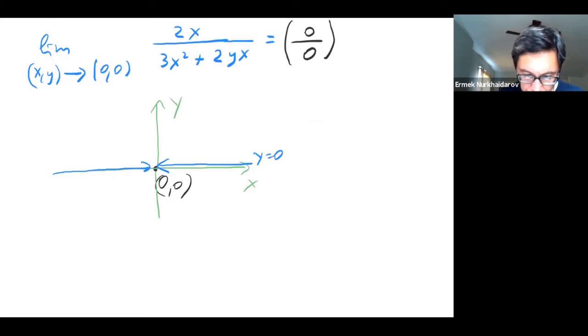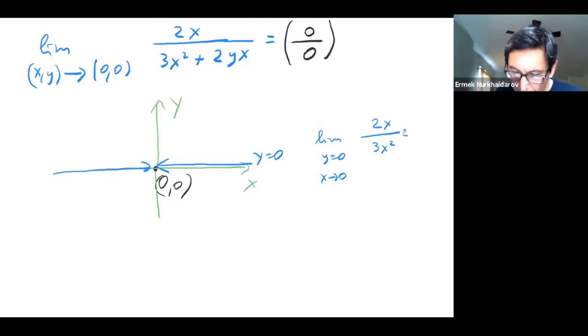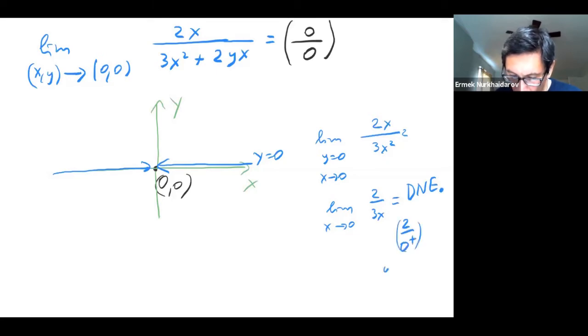So we're going to get the limit. Now we have y equal to 0, and x is approaching 0. So let's substitute that. We're going to get 2x divided by 3x squared. So the limit as x approaches 0, because now y disappeared, of 2 over 3x, and that limit does not exist, because we're going to get 2 over 0 plus or 2 over 0. So it does not exist.